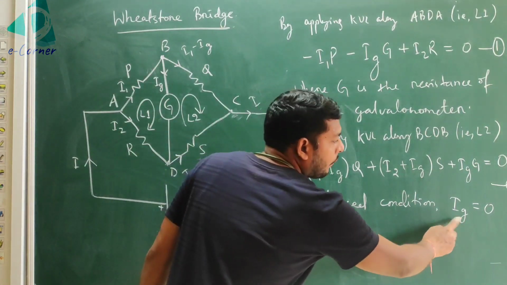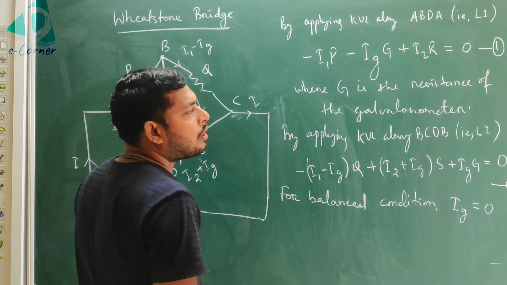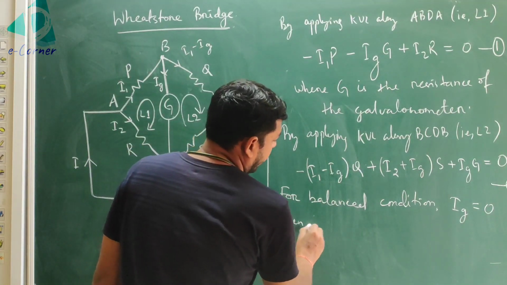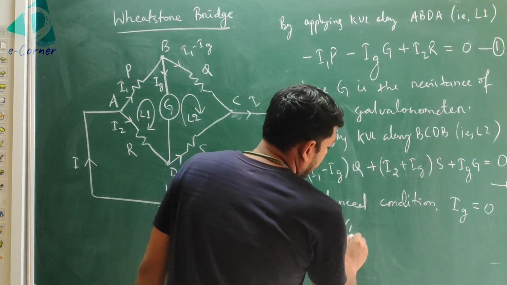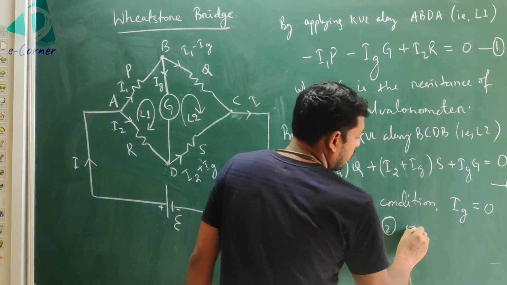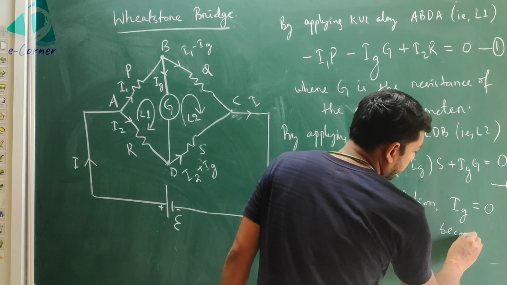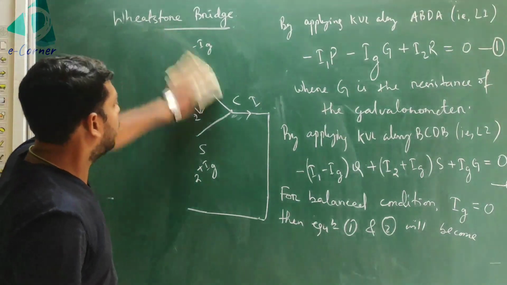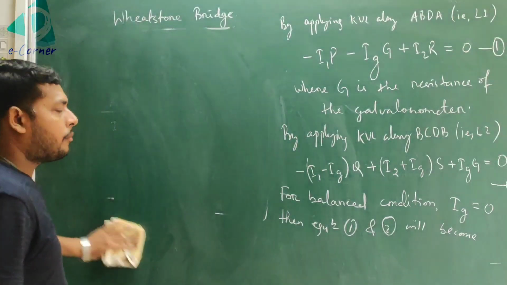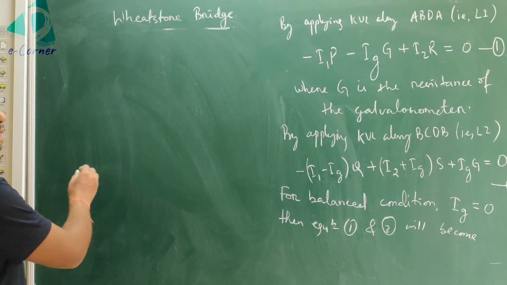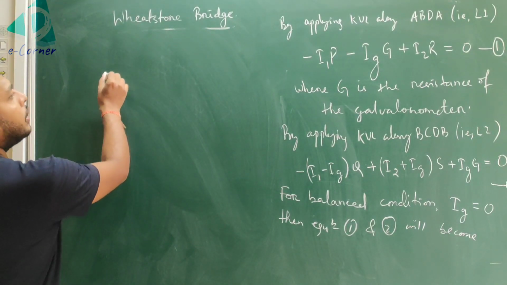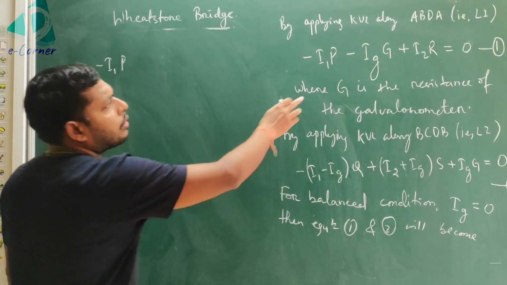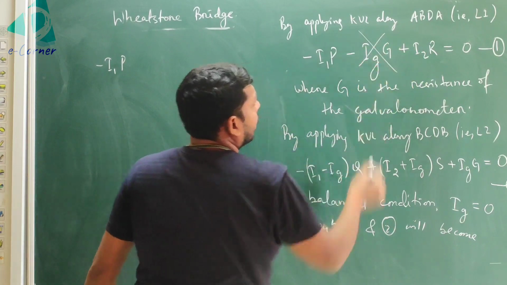When the value of Ig is equal to 0, then equations 1 and 2 will become, I am holding this one. So first one is minus I1 P. This one will be 0, so this term is neglected.